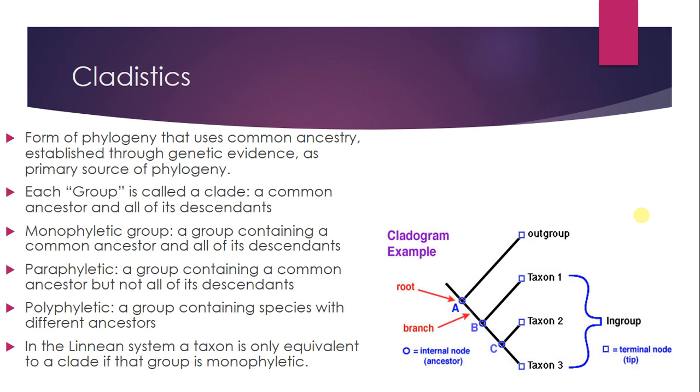All right. One extremely important form of phylogeny is called cladistics. And why cladistics is important is because it only uses common ancestry established through DNA/molecular evidence as a basis for phylogeny.